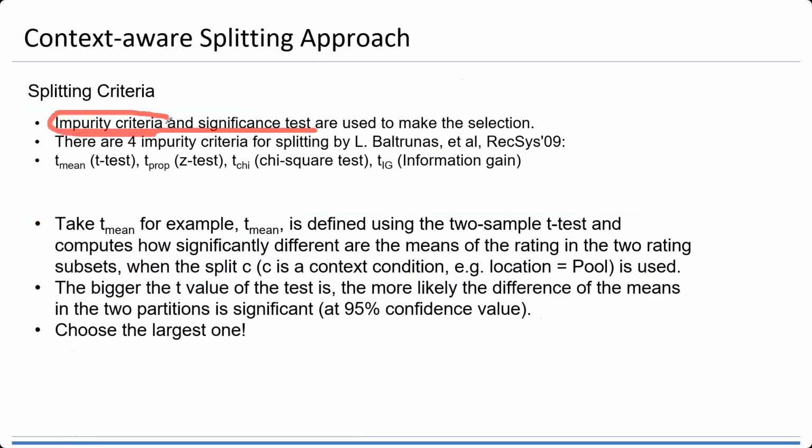You still remember impurity criteria? In the information gain, if you look at the information gain formula, it is based on the information theory or the entropy.